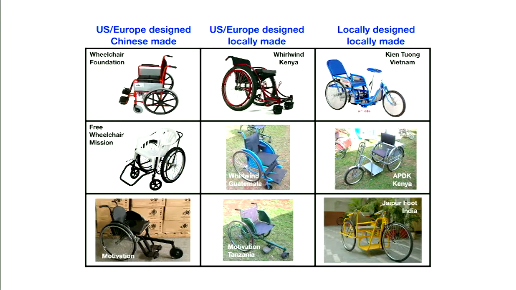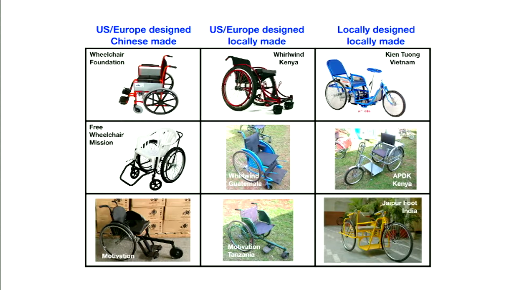Now, what was further interesting as we dug into this was looking at the design history in this product space. And so this is a selection of common wheelchairs that you would find around the world. Actually, the Jaipur foot hand cycle, that's an Indian one in the lower right. And so as I looked at this technology space, I realized that there was three classes that I saw of mobility products that were currently on the market.